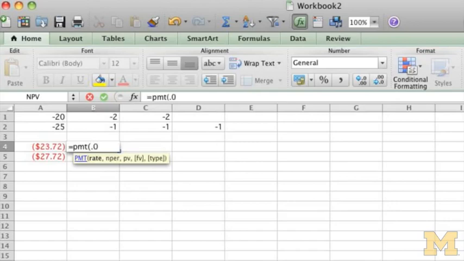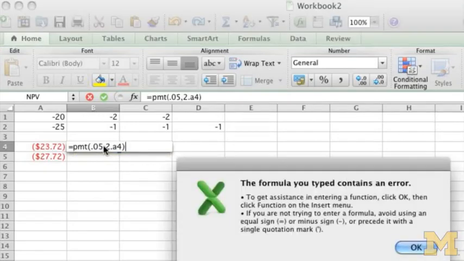So what do I give into PMT? The first number is 0.05, which is the interest rate I've used for doing this. The second number is the number of periods. How many? 2. The third number, which by the way I sometimes forget, is PV versus FV. Here it's PV, and which cell is PV in? I believe it's in A4. And if I got this right, it says error for some reason.